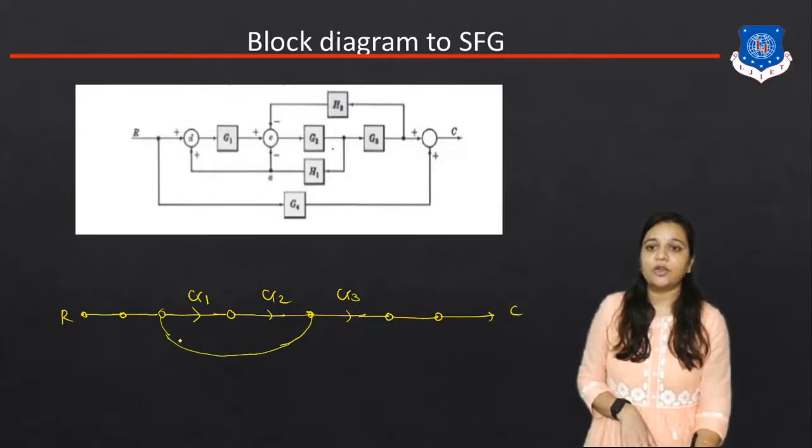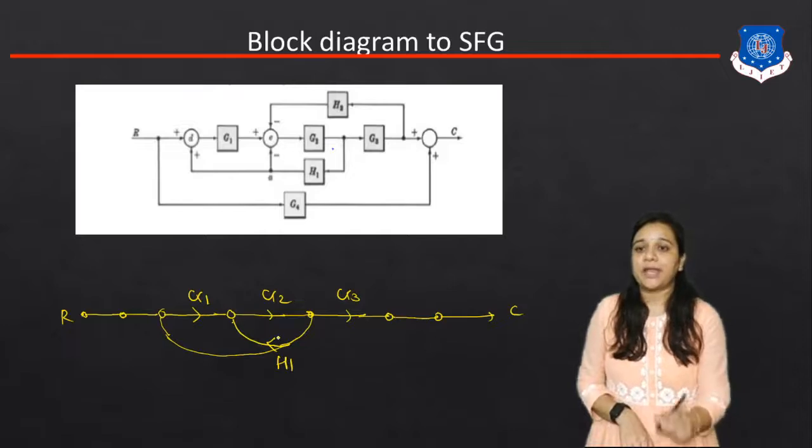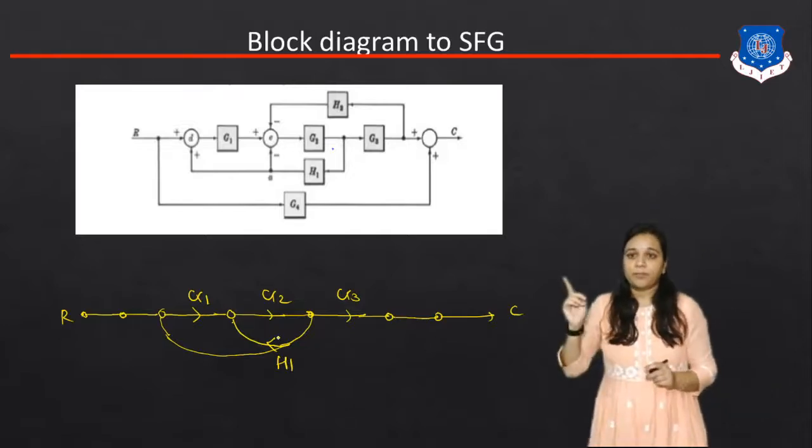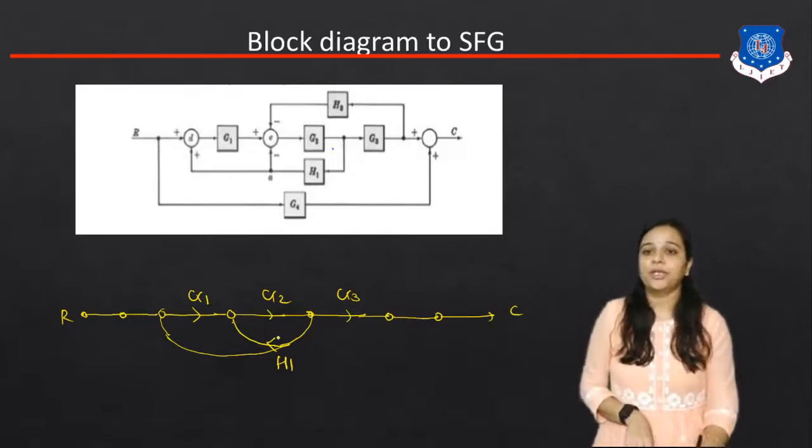The direction of H1 is reverse, so you draw H1 connected in two paths. This is my H1, and the sign of H1 depends on the sign of the summing point. Here a plus sign is given, so we put plus.